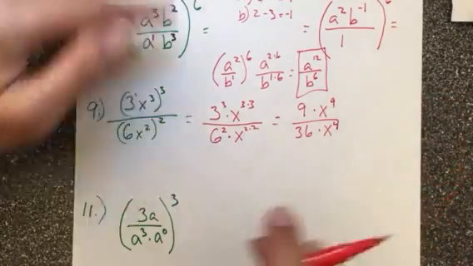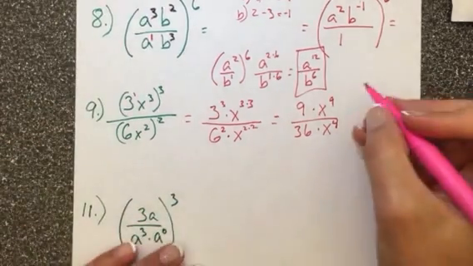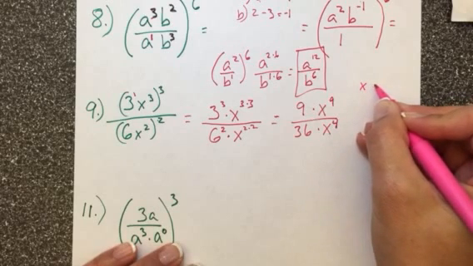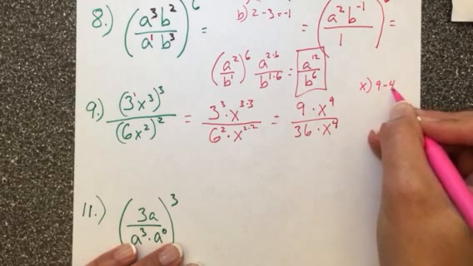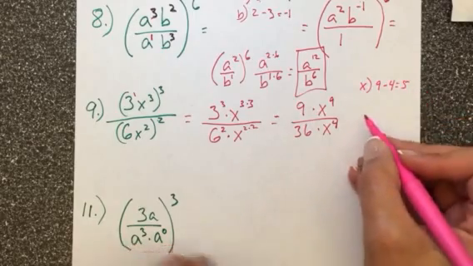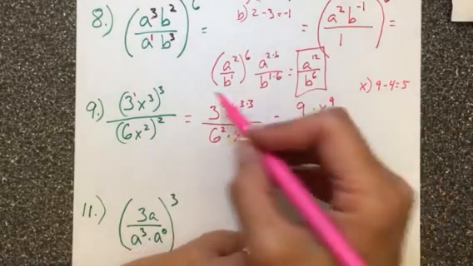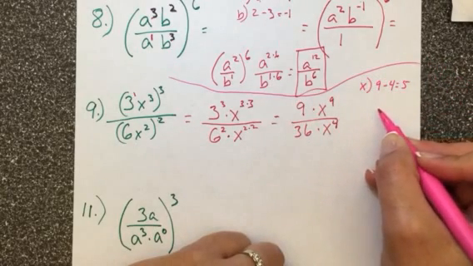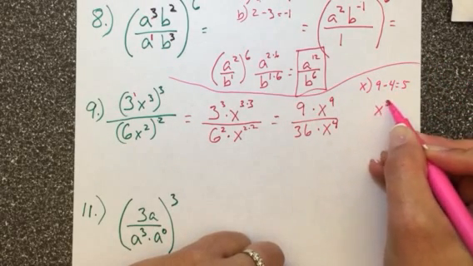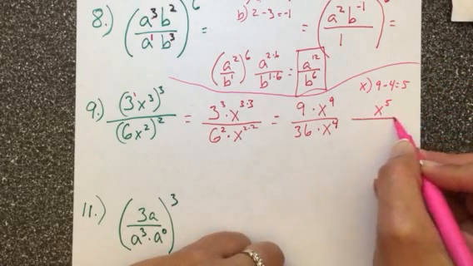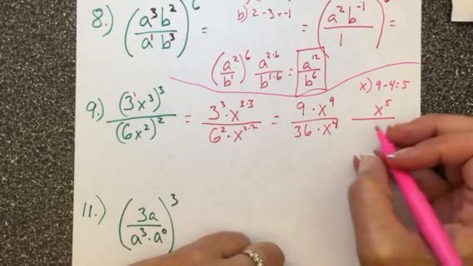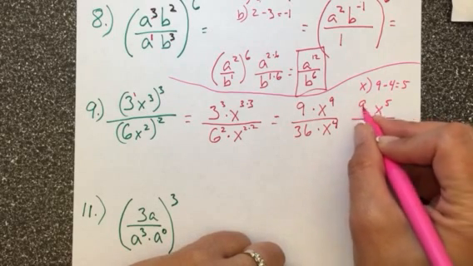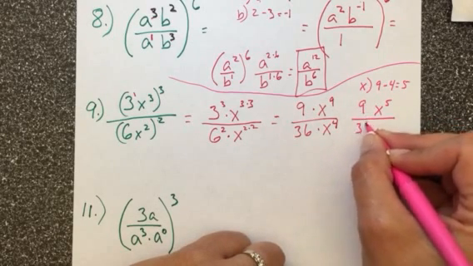So for my x's, I have 9 minus 4. It equals 5. So I know I will have, let me just separate this a little bit, I know in my numerator I will have an x to the 5th. I will have no x's in my denominator. But then I have 9 over 36.